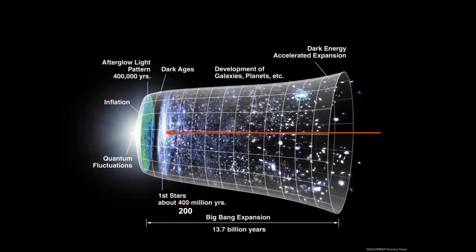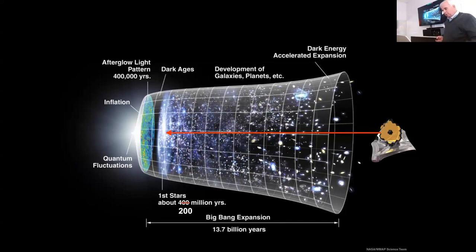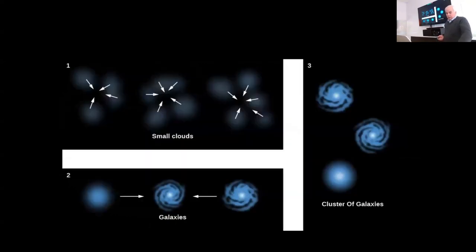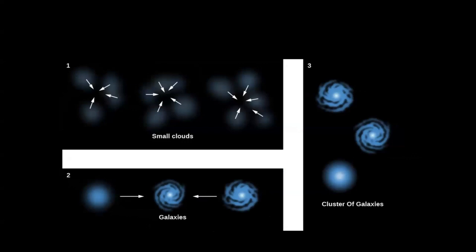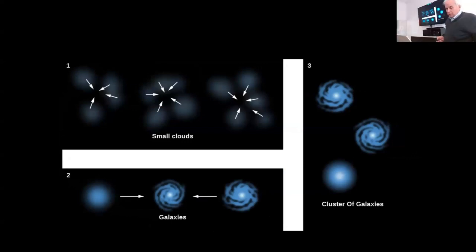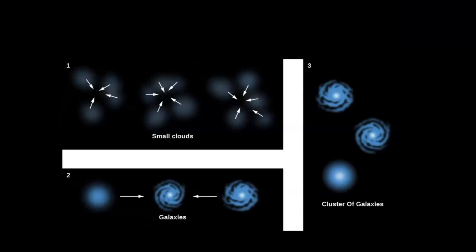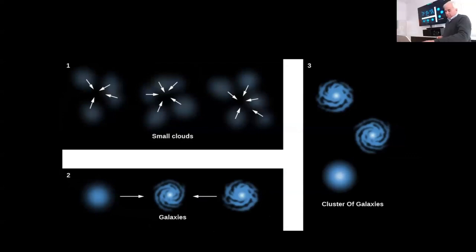Okay, so let me get back to the case of the first stars, the first planets. So what's JWST seeing? Well, what we expect to see, and again this is a theoretical thing, is that probably things started with small clouds, and those clouds formed small galaxies and stars at the same time, maybe.